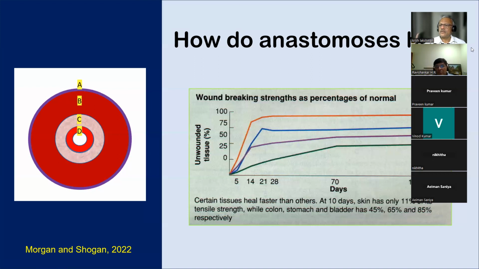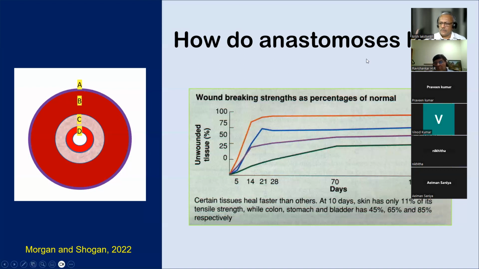And this has a direct implication on your technique. What is the direct implication? Vinod. What is the implication, direct implication of the knowledge that we get from this graphic?